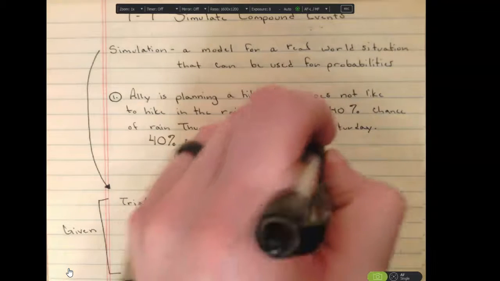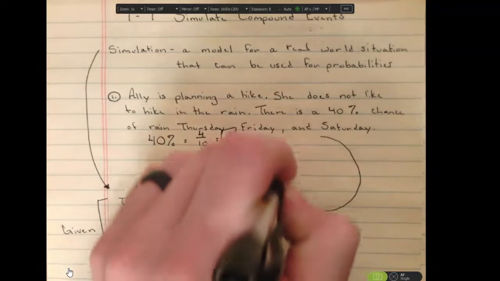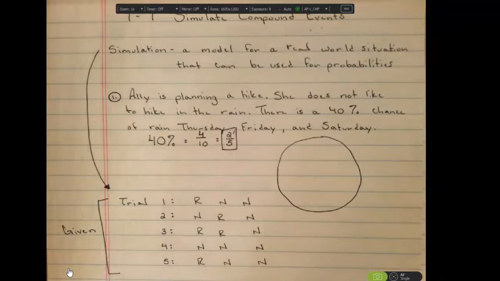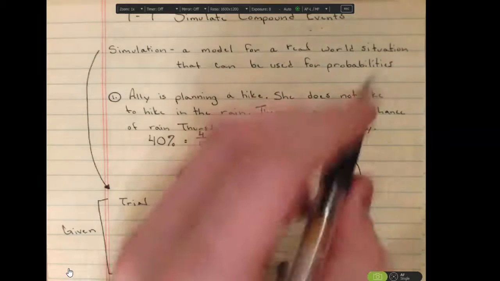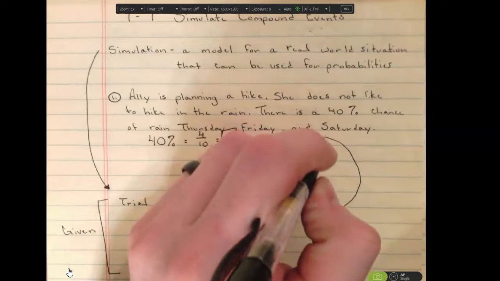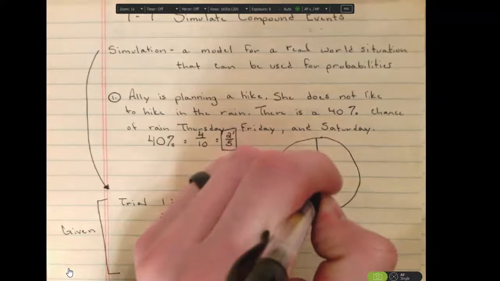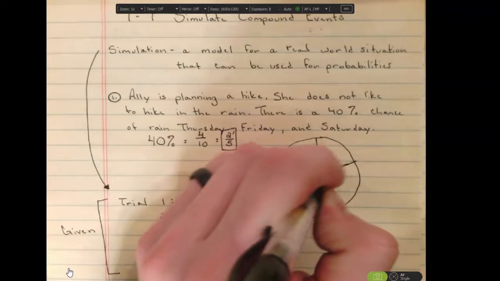So, I can create a method for finding probability for this problem. On most of these problems, guys, they're going to show you kind of like a spinner, per se. So I'm going to draw a spinner, and my spinner is going to have 5 parts, let's make it the best we can with 5 equally sized parts.